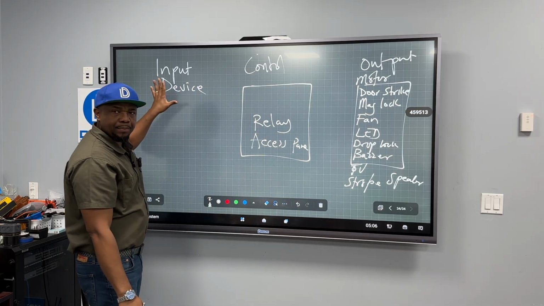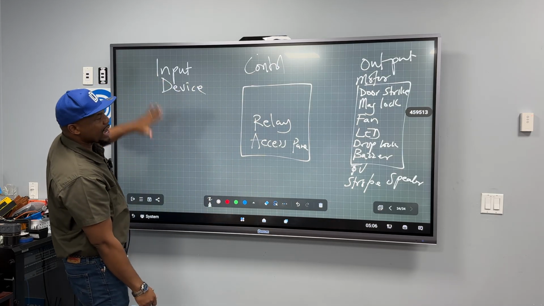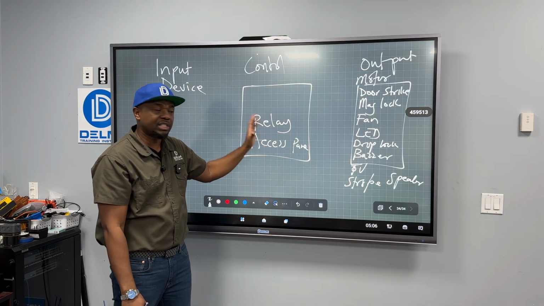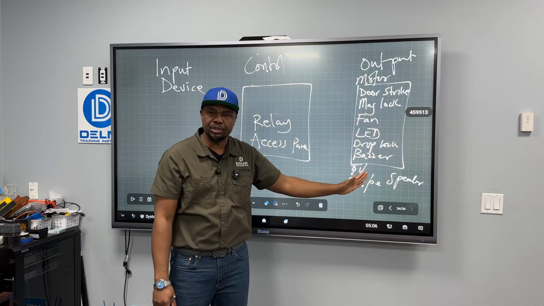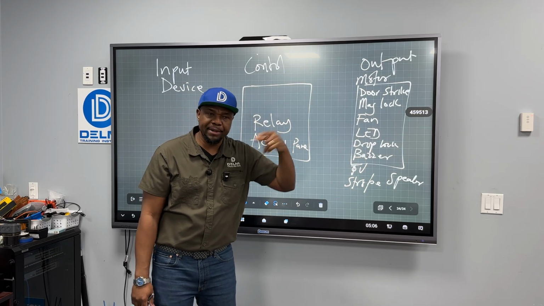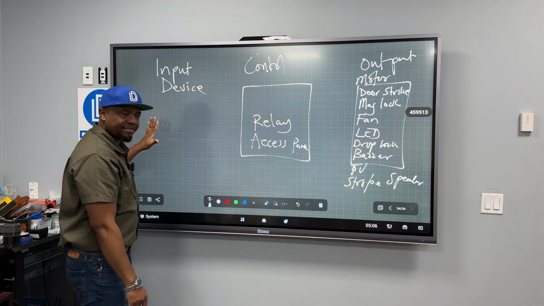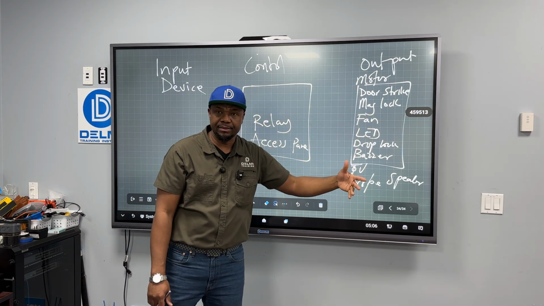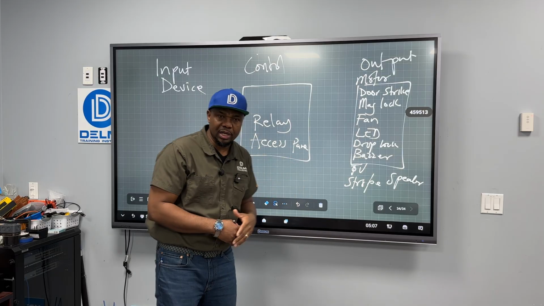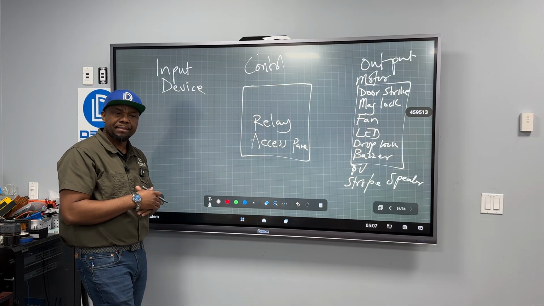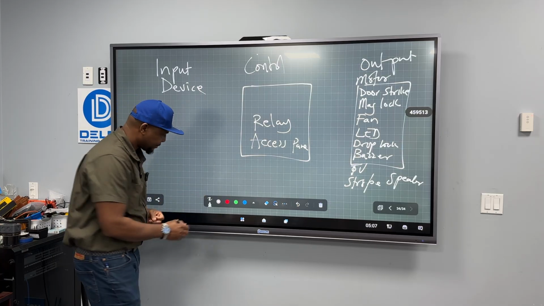So when I have an input device, when I wave, it goes to that control device, and the control device will determine what the output will do. If it's a fan, and I want the fan to spin when I go to the input device, then there is a way I have to wire it to have that fan spin. So these are some of the things we're going to look at. But we're going to try and draw a very basic signal.